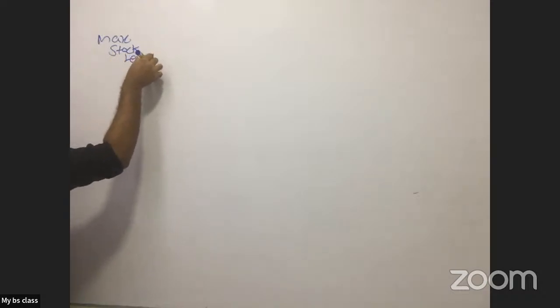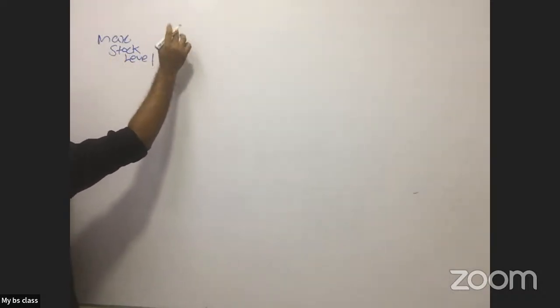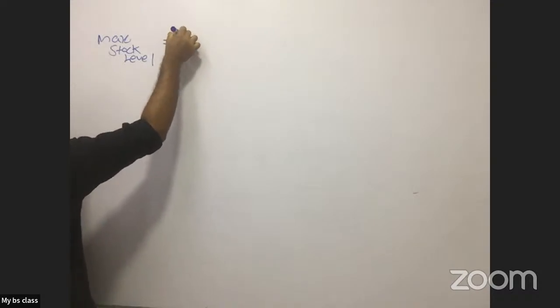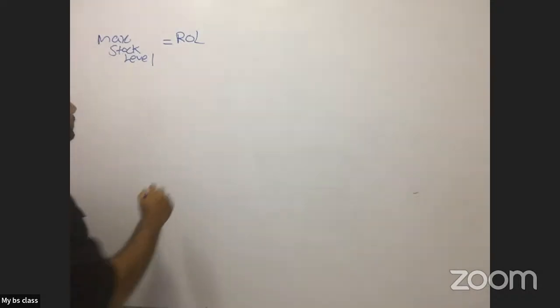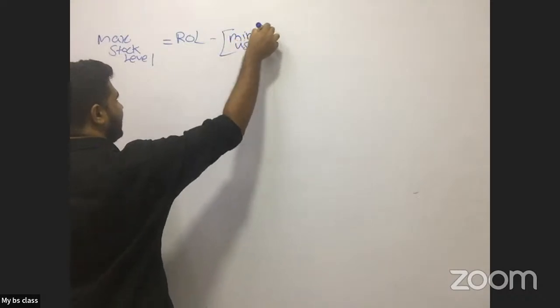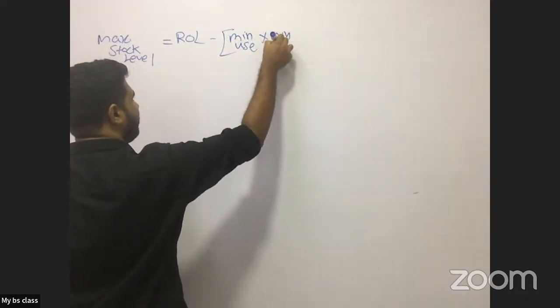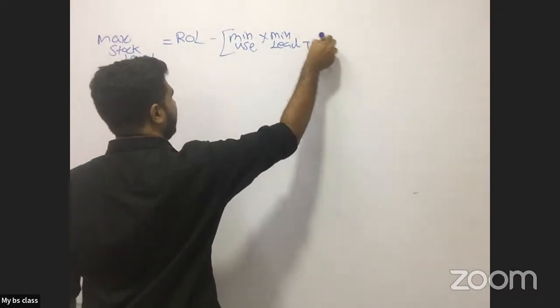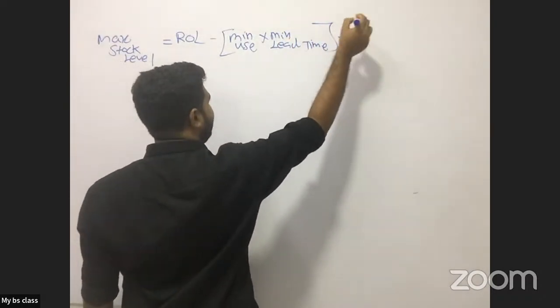Prior to going to the maximum stock level, you first have to find the ROL, the reorder level. එහෙනම් reorder level එකෙන් අඩු කරන්න ඕනේ minimum use into minimum lead time, and then you add your ROQ.